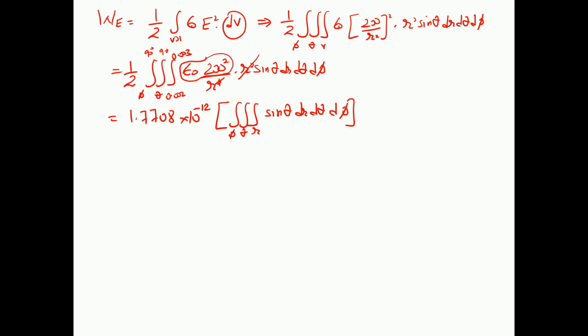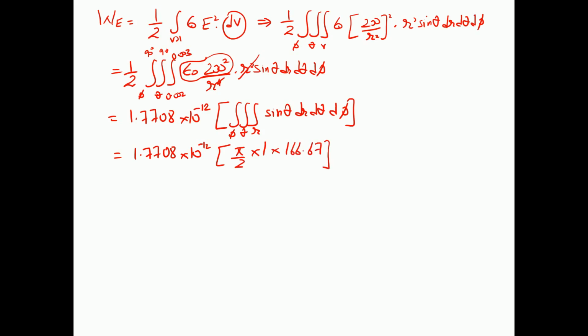Once you have all these values, hopefully you can do the integration. I'll write the final answer: 1.7708 into 10 raised to power minus 12. Inside the integral I get the value of pi by 2 into 1 into 166.67.